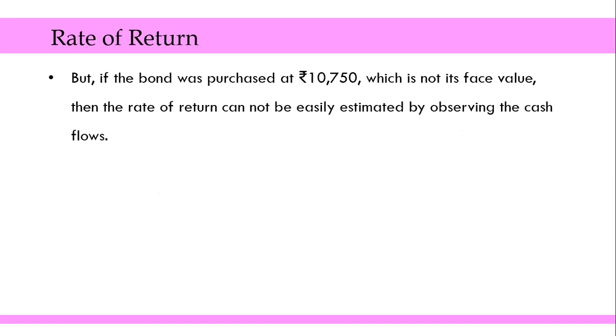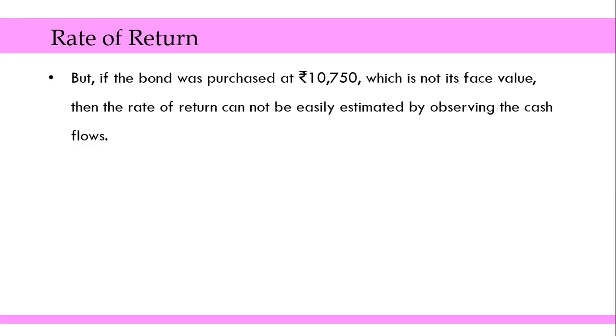Assume that the bond which we have just now seen was purchased at 10,750. Now what happens? I pay 10,750 today, but the company is going to pay me 1,000 every year for the next 5 years. At the end of the fifth year, the company is also going to pay me only 10,000 rupees.